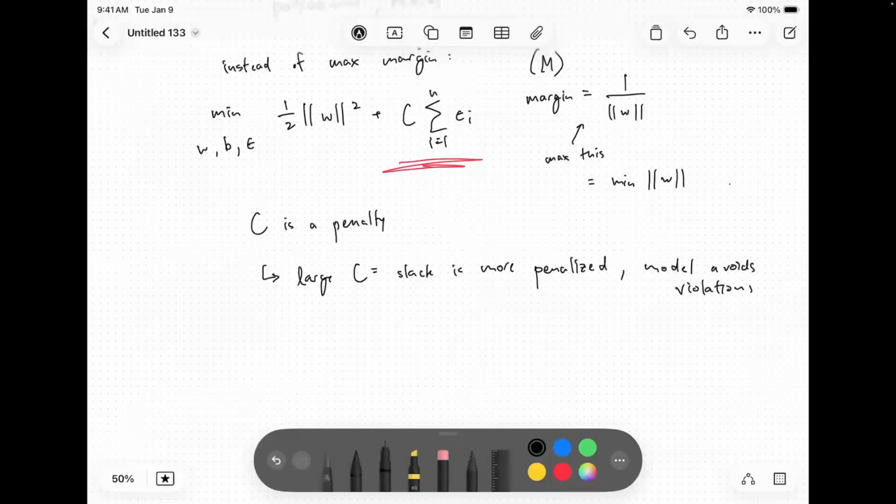As opposed to in the SVC, the C is a budget, and the larger the C is, the more violations you're allowed to have. Small C equals slack is less penalized. Model allows more violations.